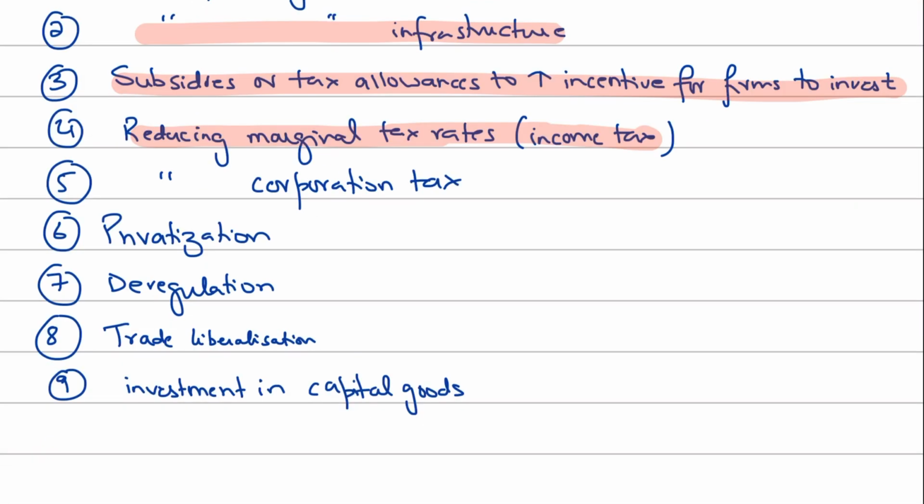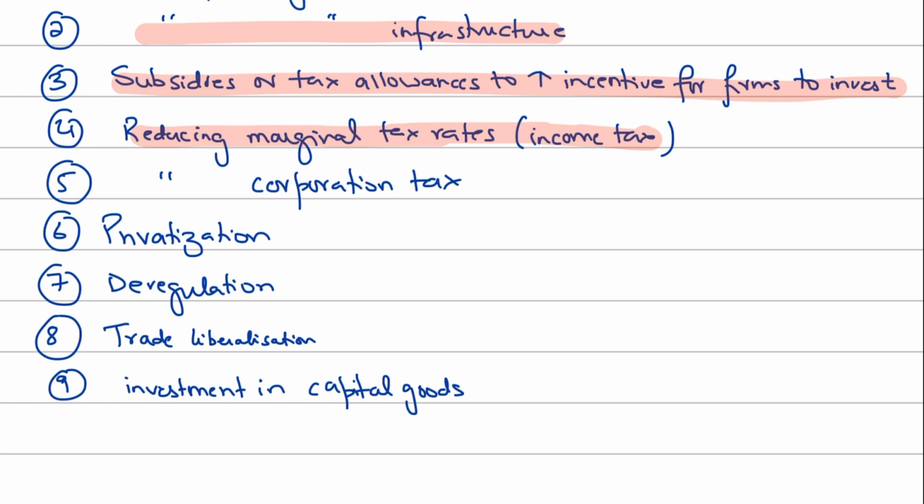Another thing that could cause an increase in the productive capacity of an economy is investment in capital goods by firms, maybe public sector firms or private sector firms. They invest more in capital goods like machinery, expanding factories, improvement in technology, improvement in research and development.